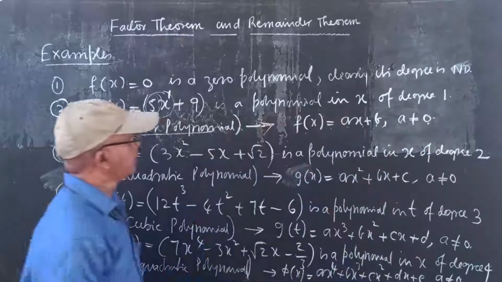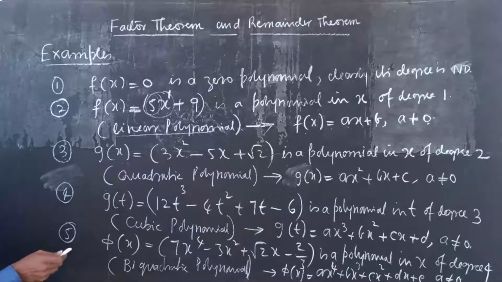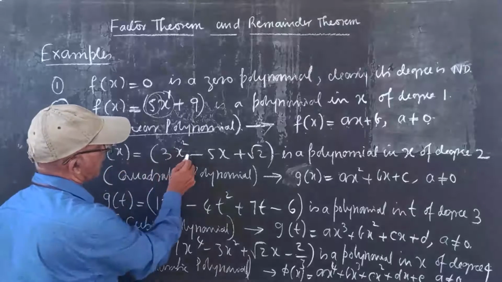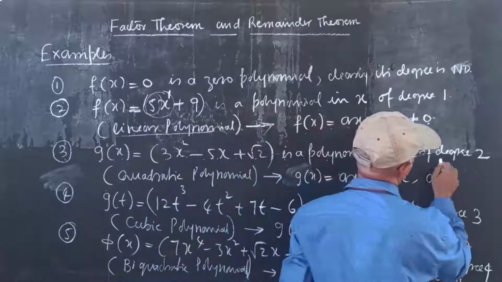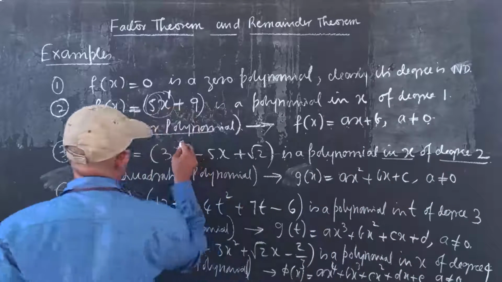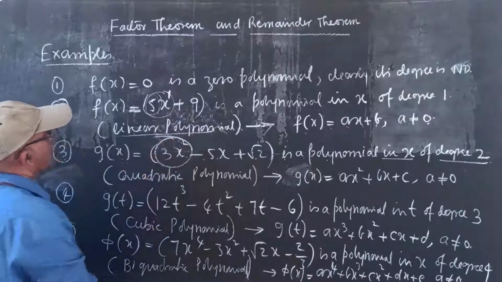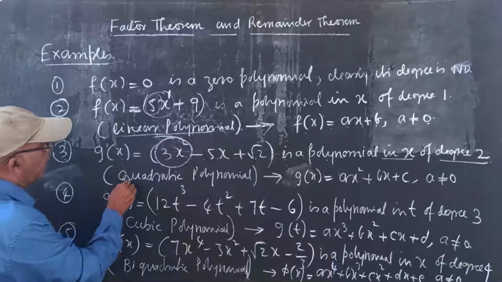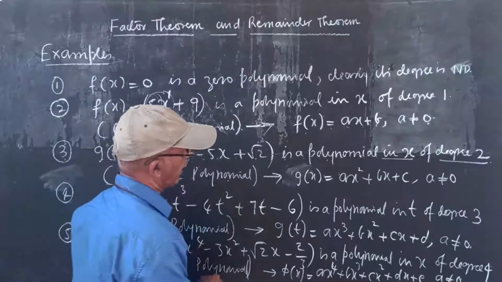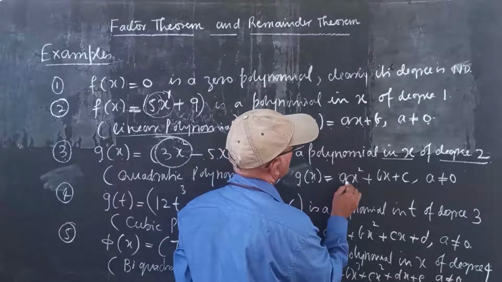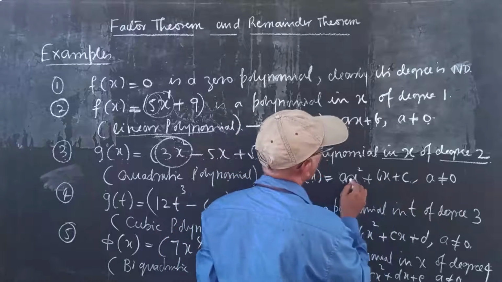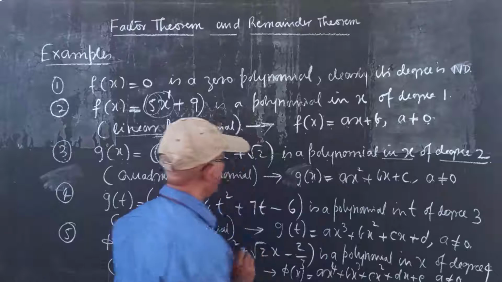Now, third example is g(x) is equal to 3x square minus 5x plus root 2, a polynomial in x of degree 2. Here, the leading term is 3x square. It is also called a quadratic polynomial. It is denoted by g(x), which is equal to ax square plus bx plus c, where a not equal to 0.